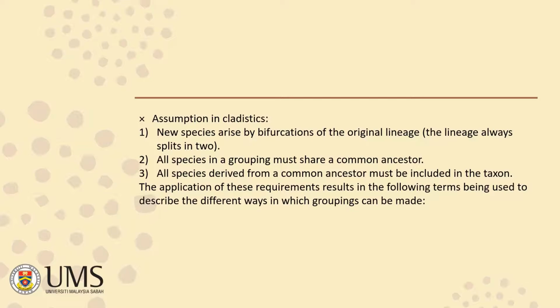All species, if they belong together, must share a common ancestor. All species derived from a common ancestor must be included in the taxon. The application of these requirements results in the following terms being used to describe the different ways in which groupings can be made.